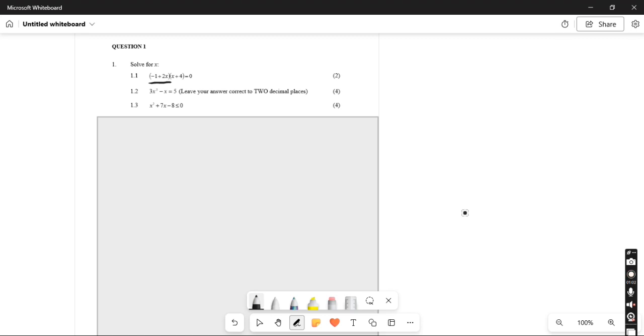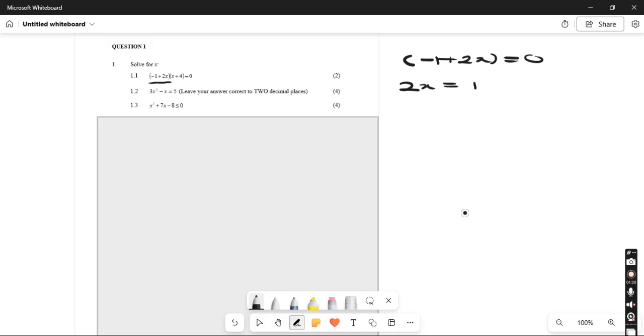So we've got -1 plus 2x, bracket, to be equal to 0. This is the first part of the problem. So from here, we've got 2x to be equal to +1.